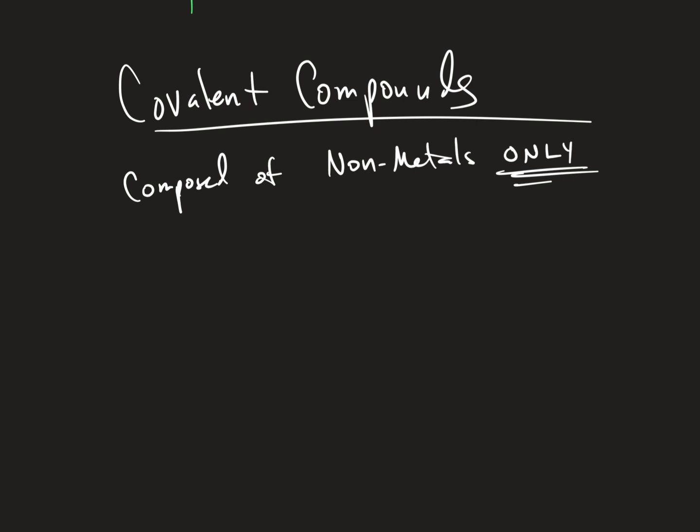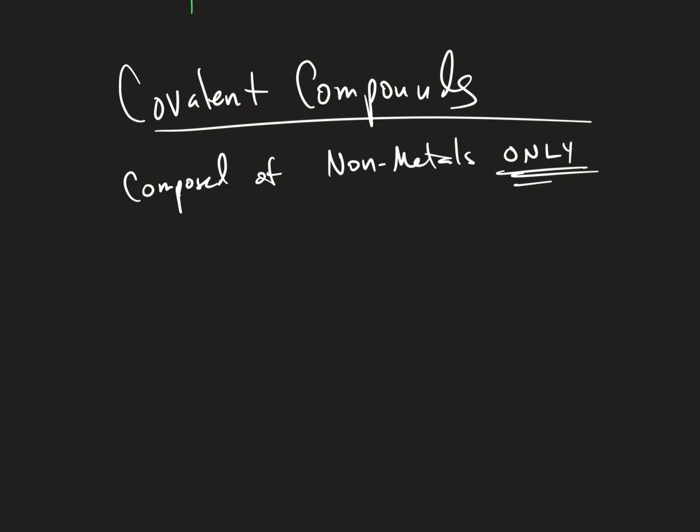Remember we talked about ionic compounds always being neutral? Are covalent compounds always neutral? They are not. What's an example of a covalent compound not neutral? Polyatomic ions are covalent compounds. Why? Because there's no metals in them. Good?